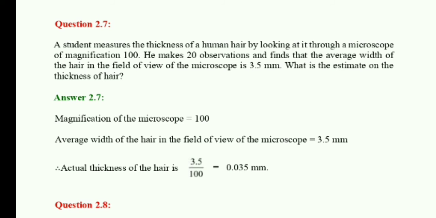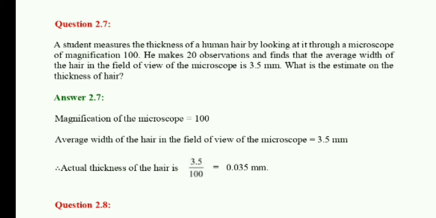Question number 7. A student measures the thickness of a human hair by looking at it through a microscope of magnification 100. Magnification is the value of m, which represents the increase in size of the image.